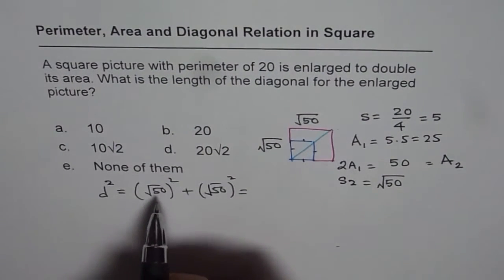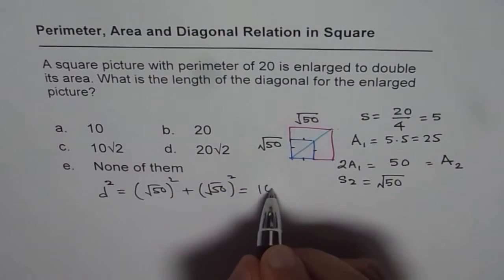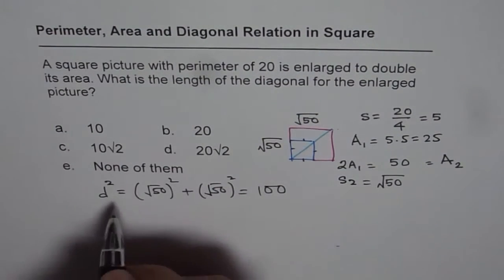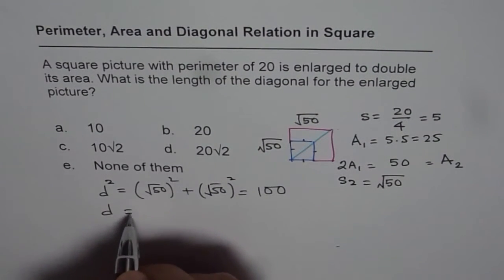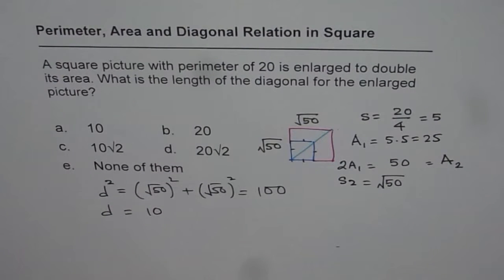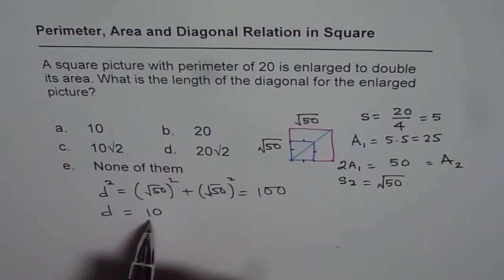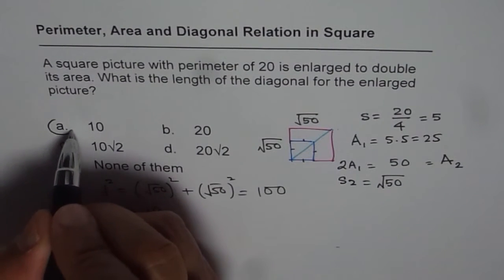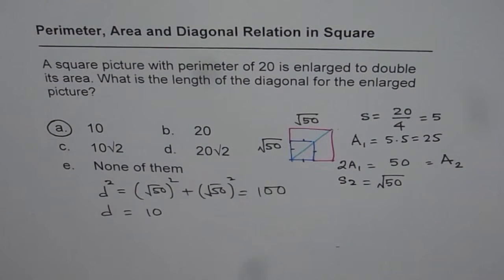And that is 50 plus 50, that is 100. So square root of 100 will be the diagonal, which is just 10. And therefore, our answer is diagonal length is 10, which is option A. So that is the answer for this particular question.